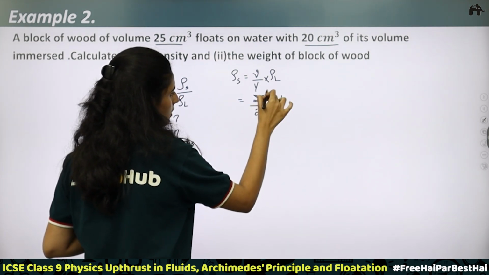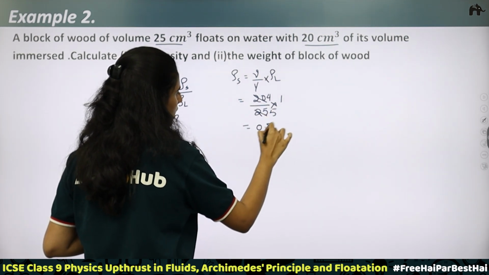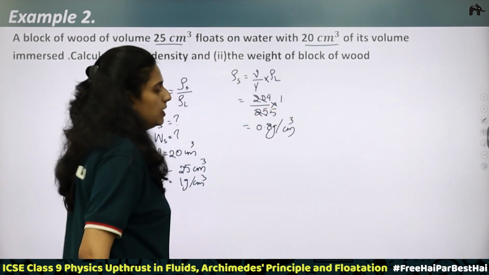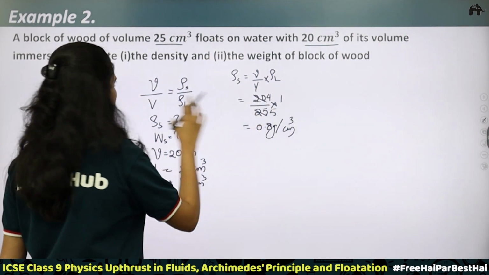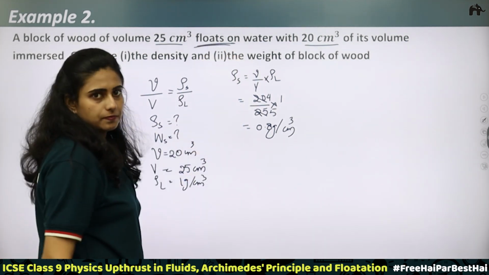So 20 by 25, 4 divided by 5, which is equal to 0.8 gram per centimeter cube. So the density of the body is less than the density of water, so it will be floating.